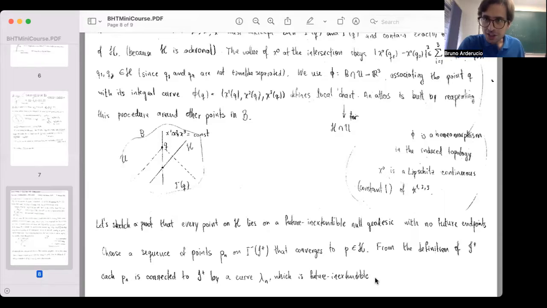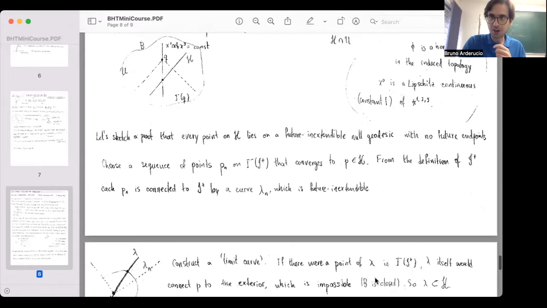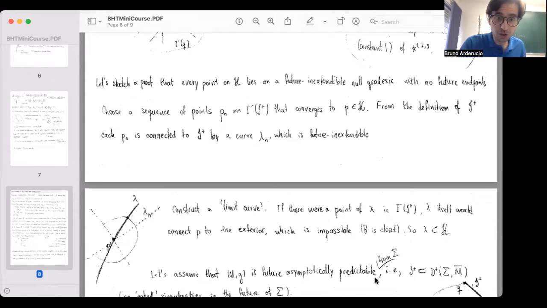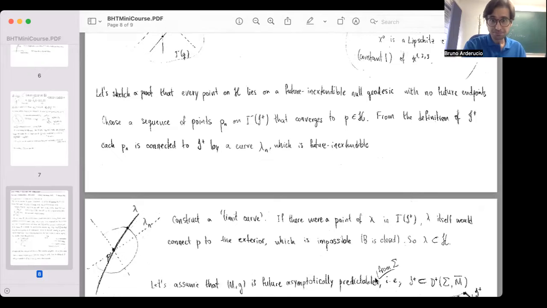You can imagine I can build a curve out of these points, and you do that by constructing a limit curve. The idea here is you start picking subsequences. At every point you consider balls centered on point P, that is, unit spheres in Riemann normal coordinates.